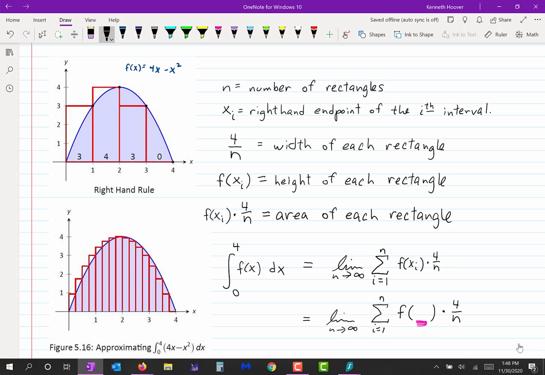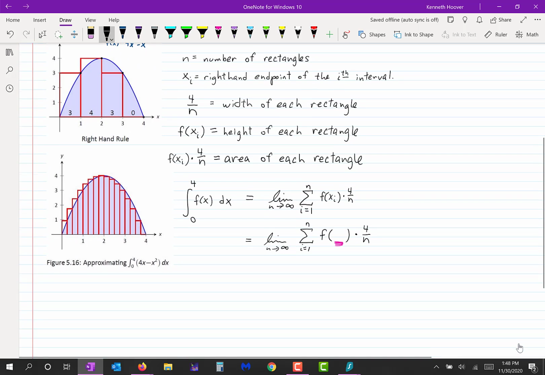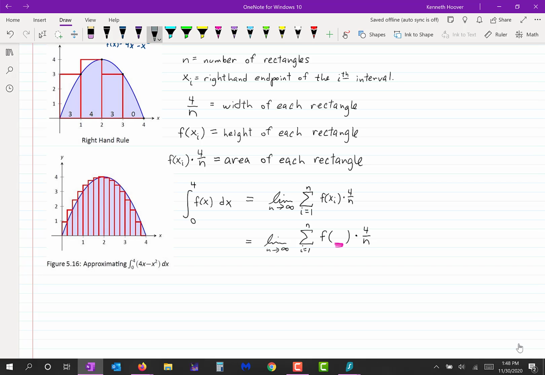So the first one would be 4 over n. The second one would be 4 over n plus 4 over n, which is 8 over n. Let's keep track of these in writing. So the first one is always going to be 4 over n. The second one will be 4 over n plus another 4 over n, which is 8 over n.